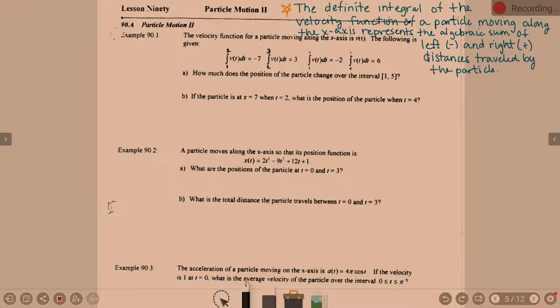The integral from 3 to 4 is -2. And the integral from, I assume that's supposed to be 4 to 5? Yes, is 6. Okay. Now, given that information, how much does the position of the particle change over the interval from 1 to 5?